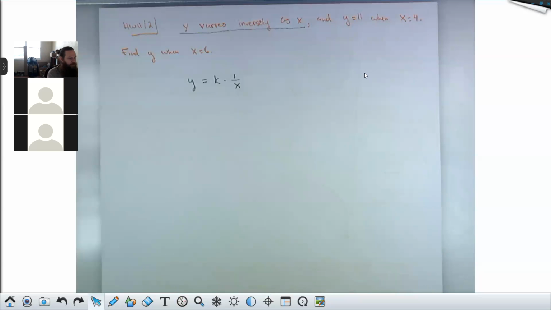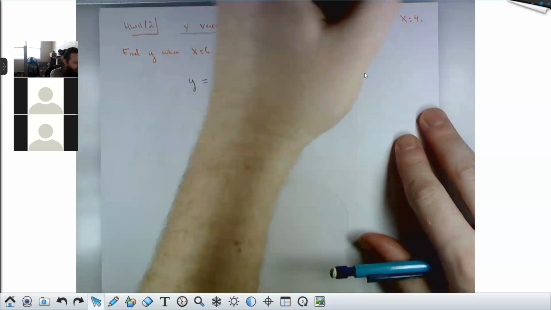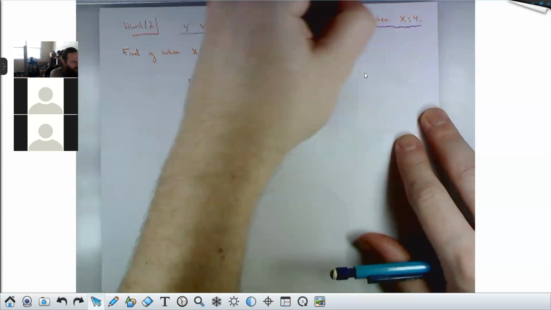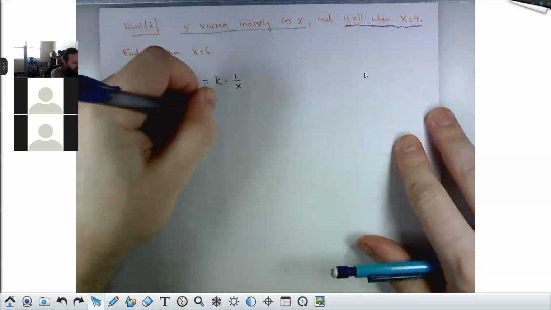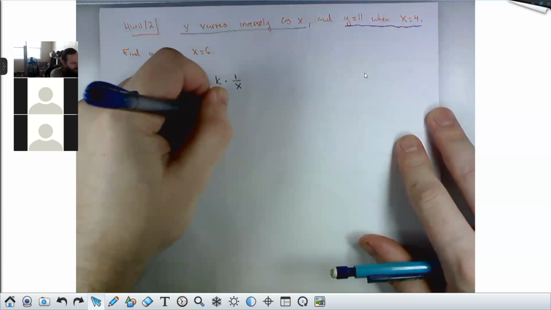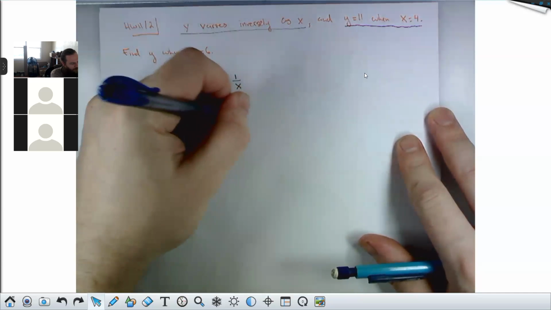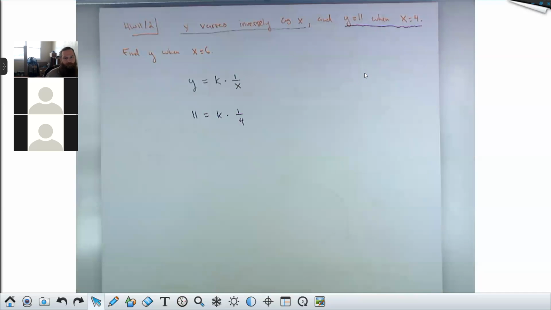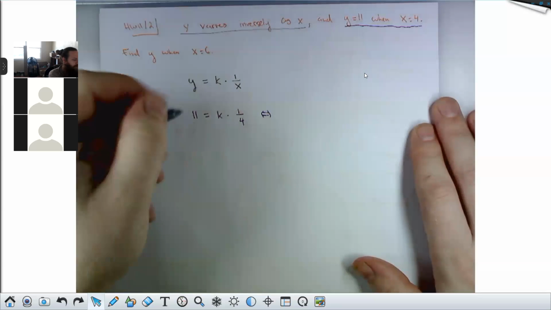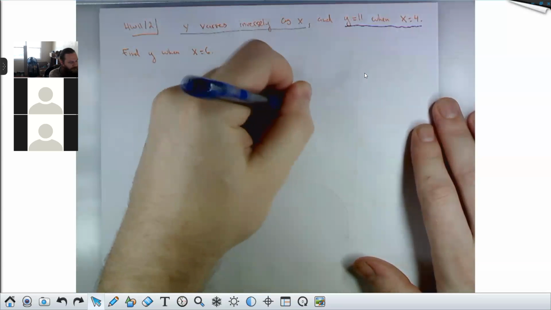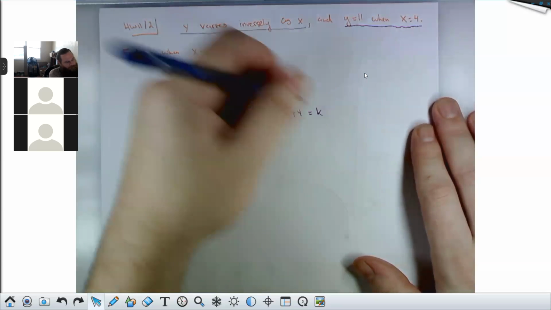Now they've told me that y is 11 when x is 4. So 11 must be equal to k times 1 over 4. And this means, multiply both sides by 4, that 44 is equal to k.